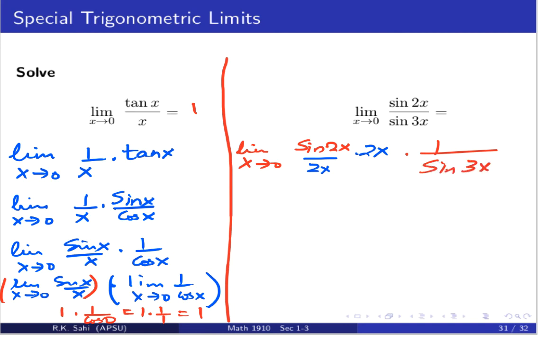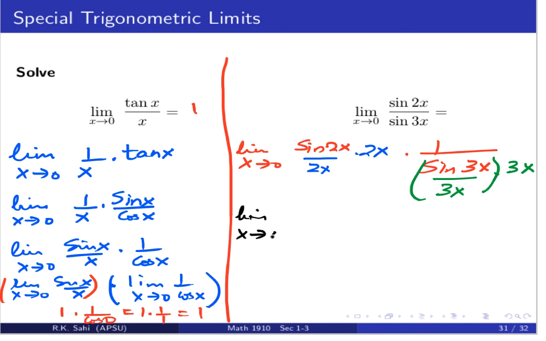Now sine 2x is kind of taken care of. Let's look at sine of 3x. Now I can multiply and divide by 3x because we want a 3x in the denominator, and I can also multiply this whole expression by 3x. Now notice I can rearrange a little bit of that and see what we can get.